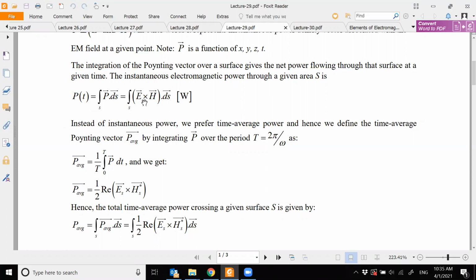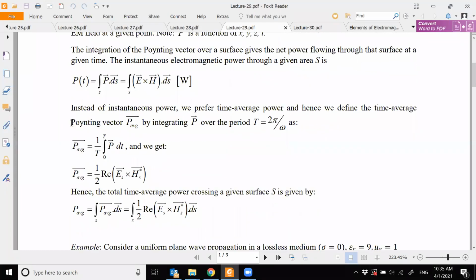And what is P bar? It is E cross H dot dS. This is in watts. But again, this only gives you the instantaneous electromagnetic power, that is, the power only at an instant of time, which is not good for us. From our background knowledge of electric circuits and electronic circuits, whenever we are working with AC, it's better that we work with average powers and RMS powers.